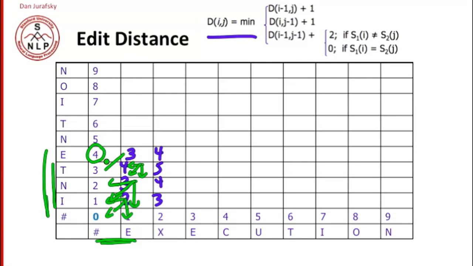So the minimum path for this 3 came from that 3. While in some cases a cell came from many places, in this case it unambiguously came from this previous 3.